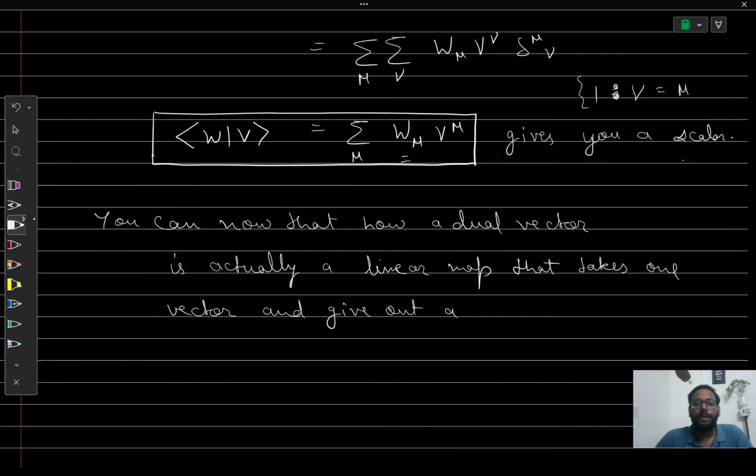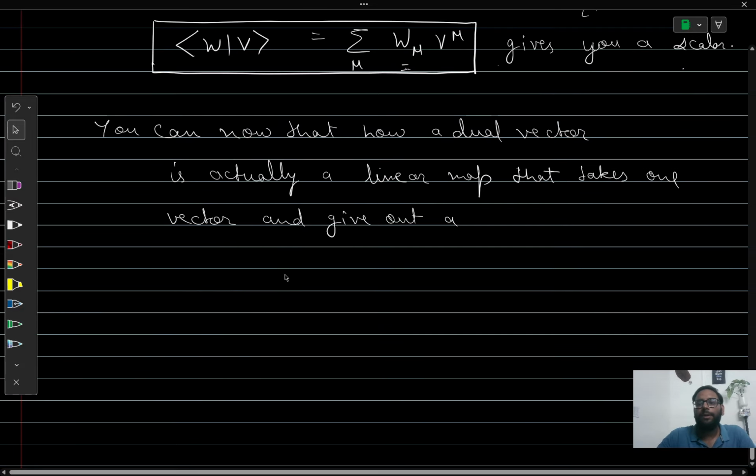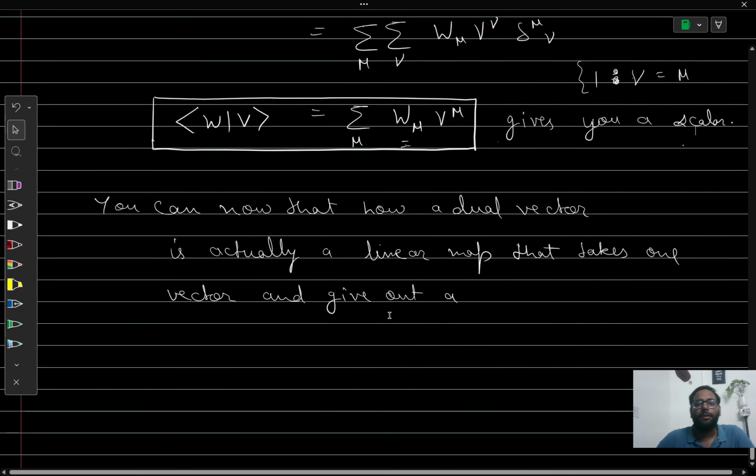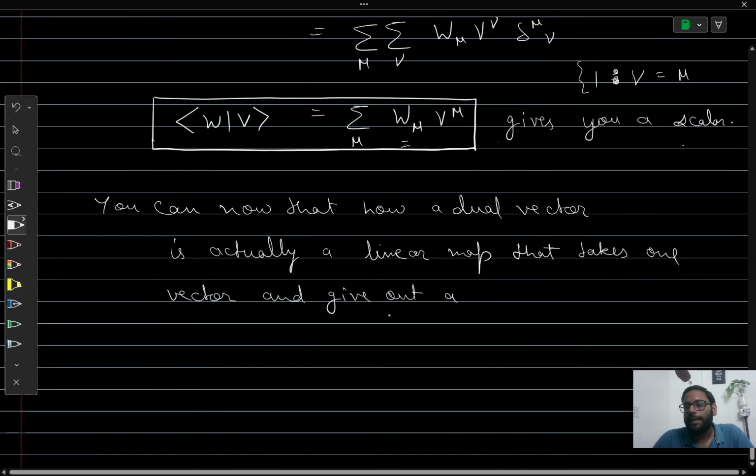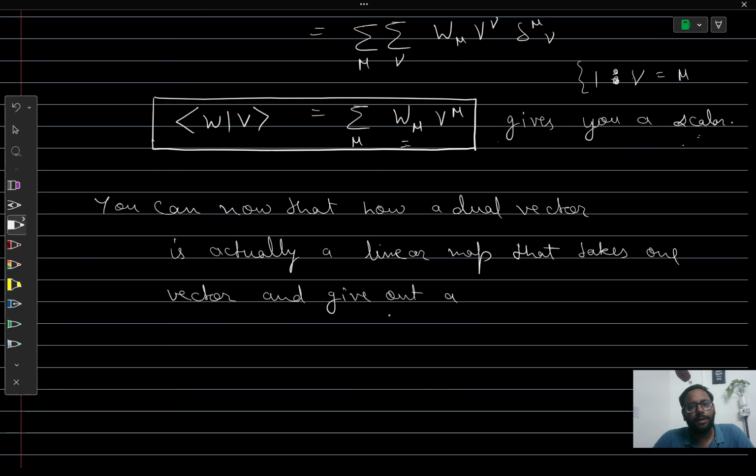And this is how, taking inner products, taking the linear mappings, you convert them to a scalar, that is an invariant quantity, and a scalar does not depend on any coordinate system.